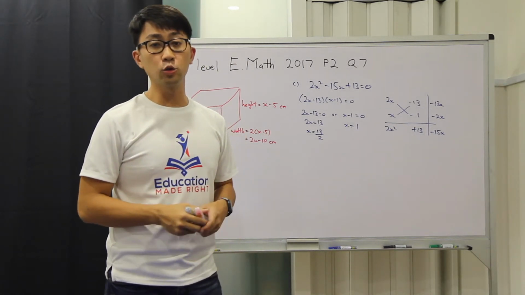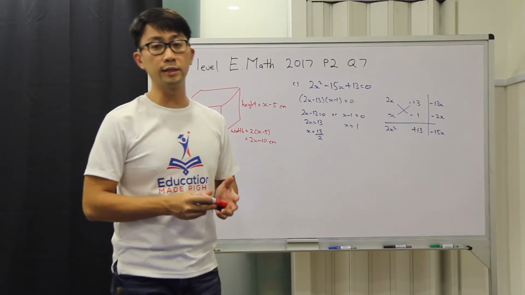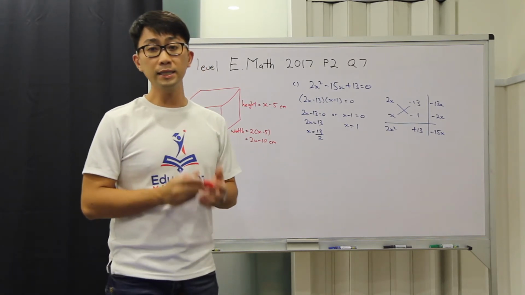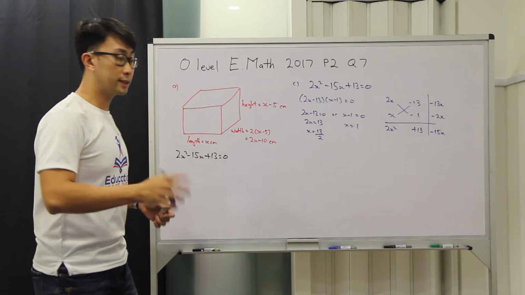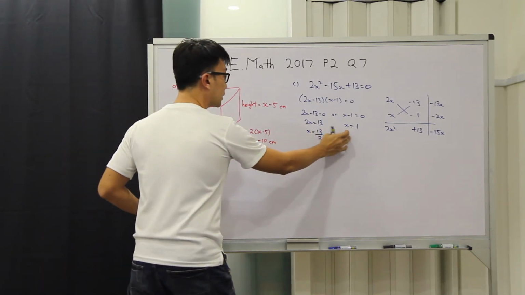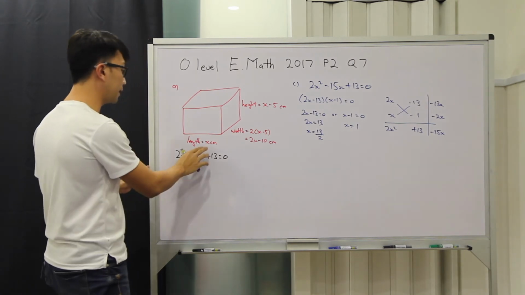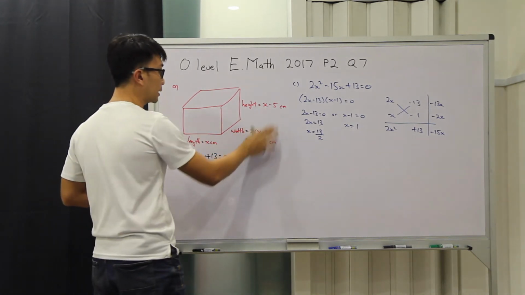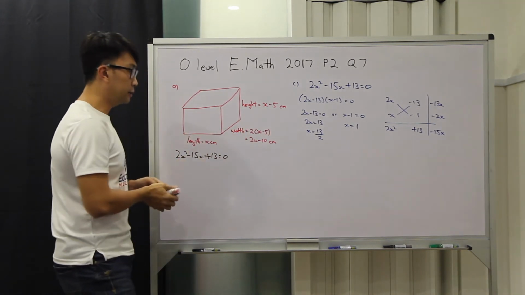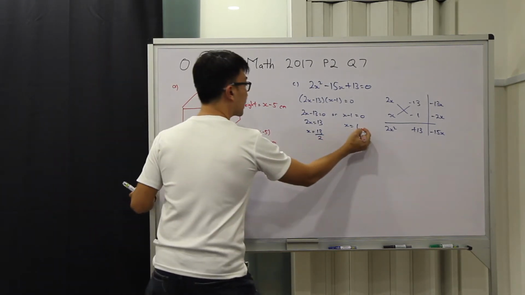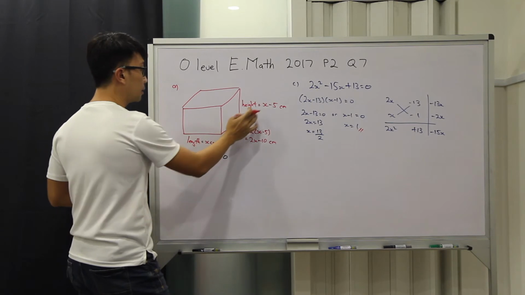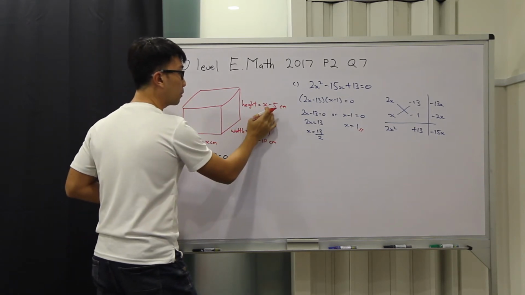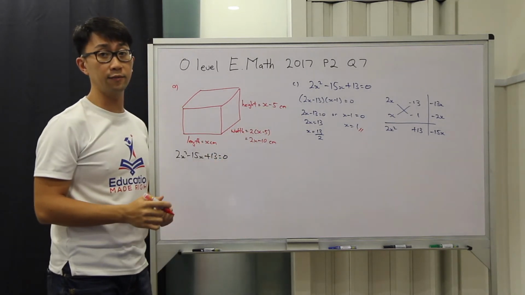Part D is asking us to explain why one of the solutions in part C must be rejected as the length of the box. Let's consider that solving for x will not only affect the length, but also the height and the width. If we choose x equals 1 as our length, the height will then be 1 minus 5, and that will give us a negative value.